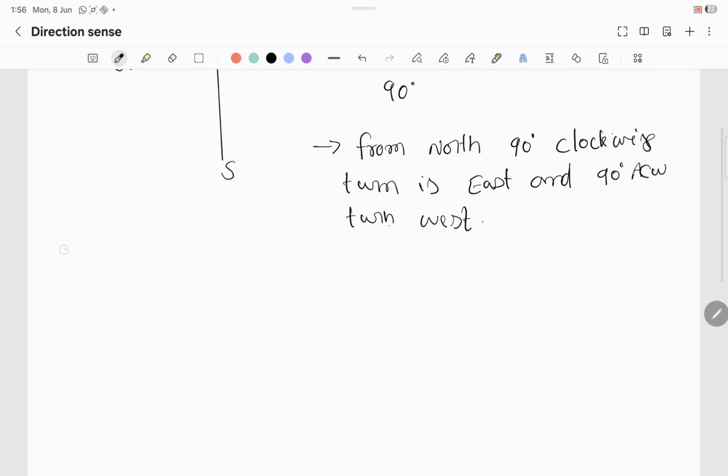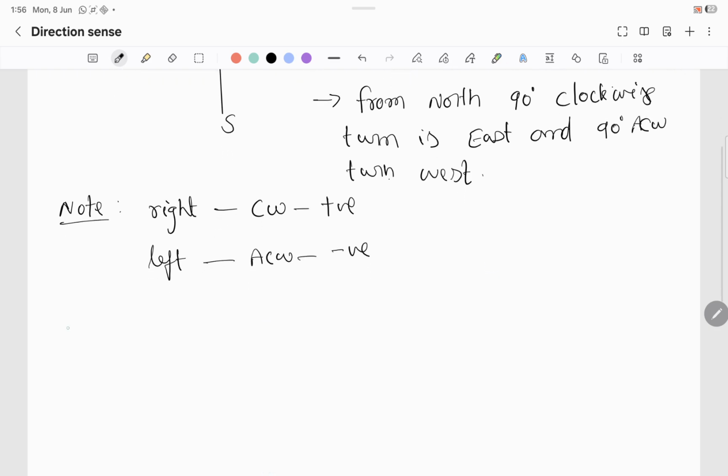And note, the right side should be considered as clockwise. CW is clockwise, and that should be taken as positive. Left is anti-clockwise and negative.